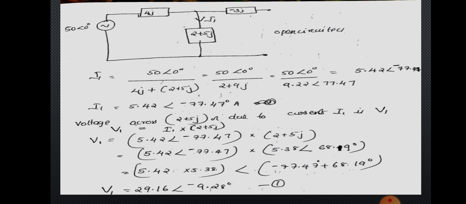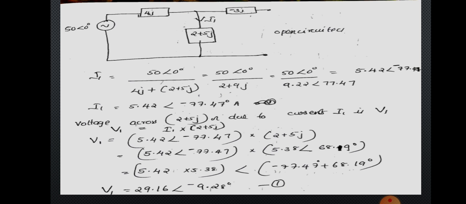So 50 divided by 9.22 will give you 5.42, and 0 degree minus 77.47 will give you minus 77.47. If there is a division of polar terms, then the magnitude terms will be divided and the angle terms will be subtracted. So you got the value of I1 as 5.42 angle minus 77.47 ampere, and that is due to the effect of the voltage source alone.